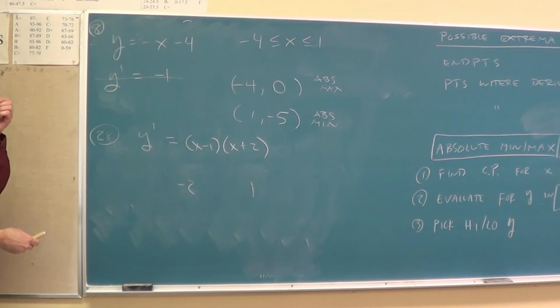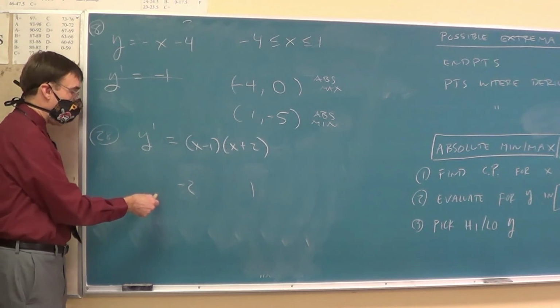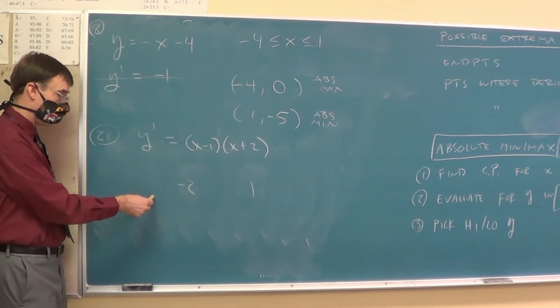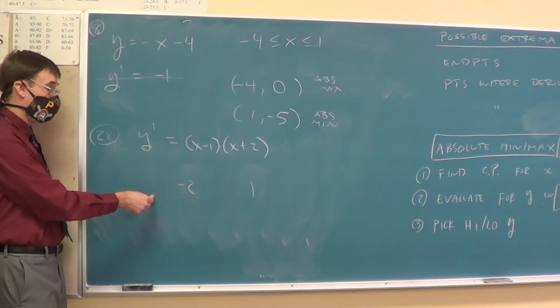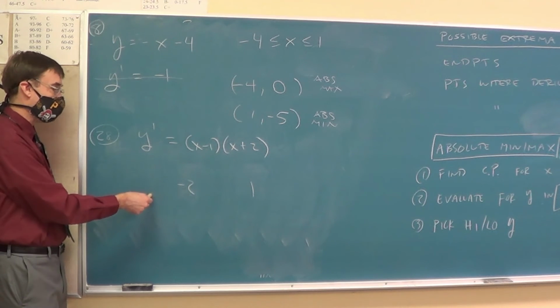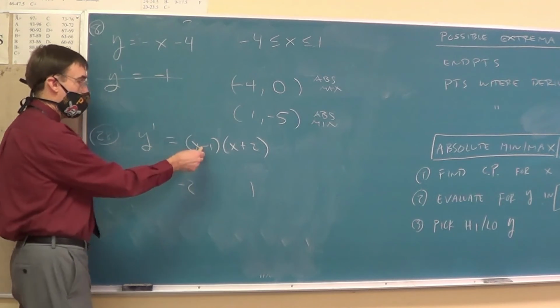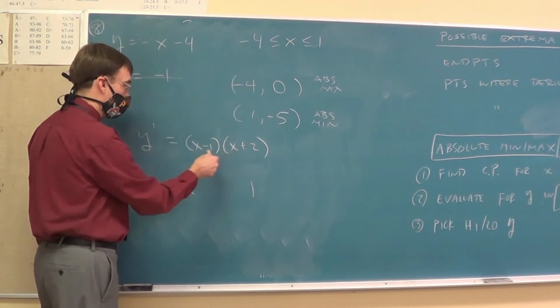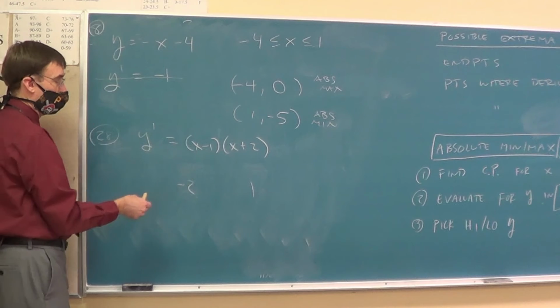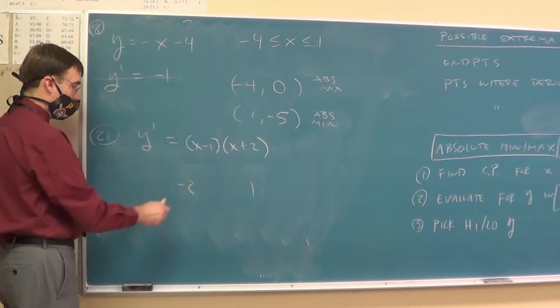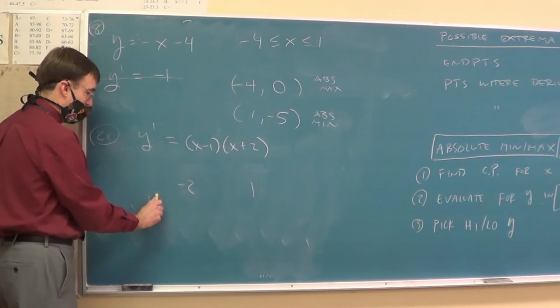Then we need to do imagination numbers. So this time we do need to imagine something smaller than -2, because there's no boundary. This is boundless. So imagine anything smaller than -2, like -100. If you put -100 into these, they're both going to be negative, and negative times negative is positive. So that's an increase.